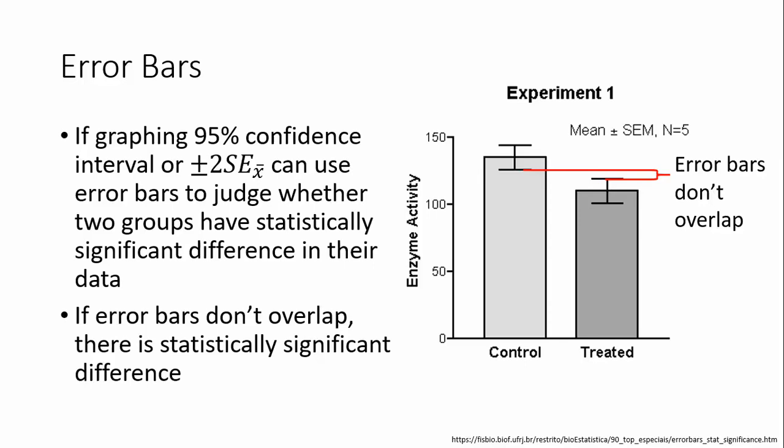So in this experiment 1, the control group and the treated group have a significant difference, meaning that these differences you see are not likely to be due to chance, because we're fairly confident that the range of the population mean for the control group isn't going to have the same value as the population mean for the treated group.